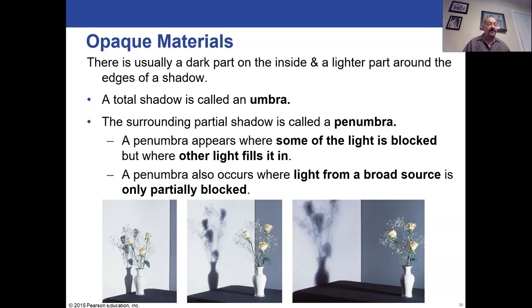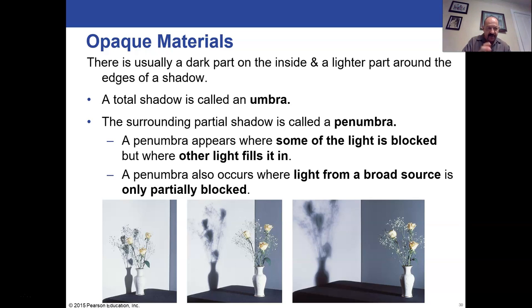A penumbra will appear where some of the light is blocked because of the object, with the rays coming from the light, but some of it gets behind the object depending on how big the light source is that's illuminating it. So you can see here, penumbra will also occur when the light source is something very broad, a very wide light source, so that some of the light will get behind, and there won't be these dark umbra shadows.